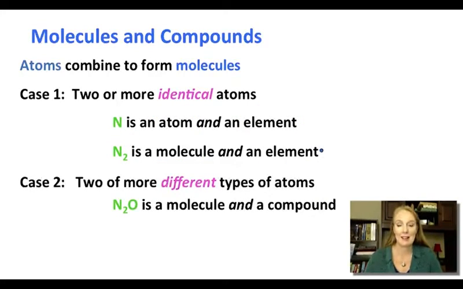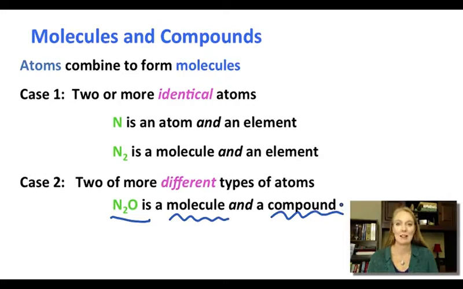The second case is when a molecule is comprised of 2 different types of atoms. For example, this molecule, dinitrogen monoxide, has 2 different types of elements. So it's a molecule because it has more than 1 atom, but we call a molecule that has more than 1 type of element a compound.